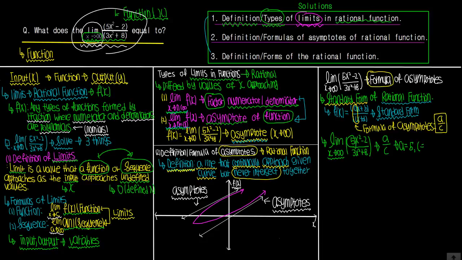C is the coefficient of the x squared term in our denominator, and it will be 3. So what is a divided by c? A divided by c is 5 divided by 3, which is our total answer. So our answer for this question is going to be 5 over 3.